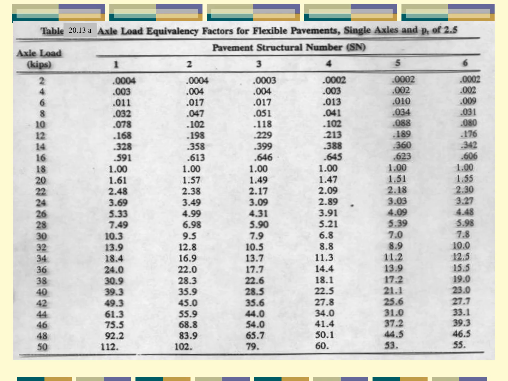Now here you can see the complete table for the axle load equivalency factor for flexible pavement, single axle, corresponding to terminal serviceability index 2.5. So this is the complete table. Generally we start from 4 to 5, because when you have a structural number of 4 to 5, that means your road is in good condition.